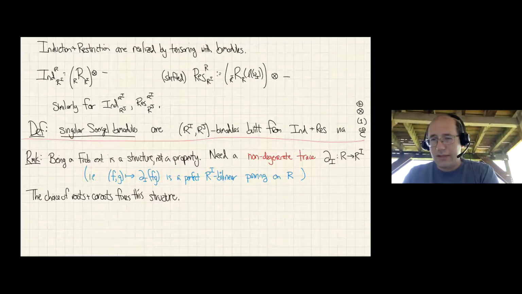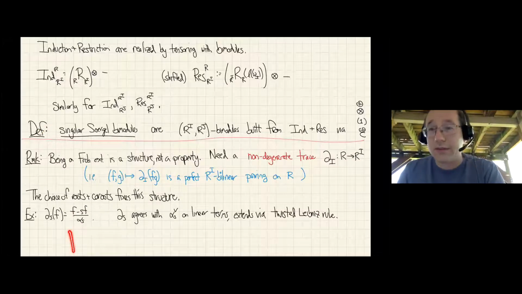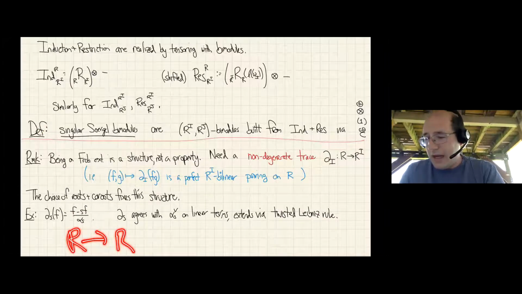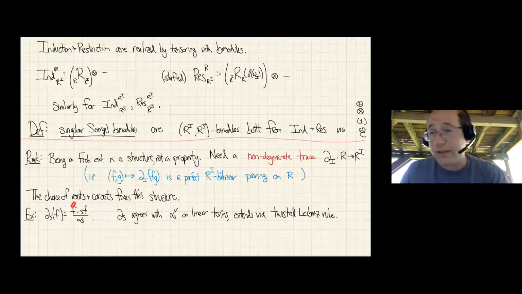To give you an example of how that works, the map from R to RS, where RS is just the invariants under a single simple reflection, the Frobenius trace map is called DS. It can be given by this precise formula where you take the anti-symmetrization and you divide by the choice of root. So changing your root will change this operator.